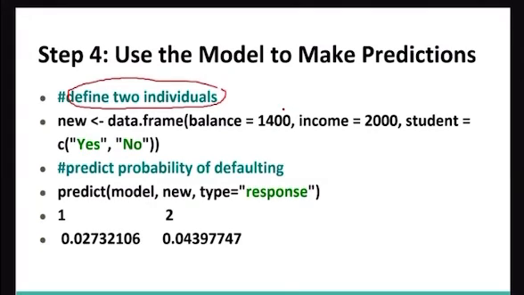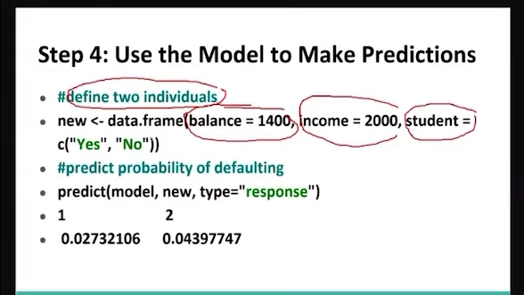This customer is not in my data, and has not taken a loan before. It's our customer. We look at the balance on the account. The person has 1,400. The income is maybe 2,000 per month. And we want to predict, don't forget, the student could be yes or no. The probability of defaulting now.